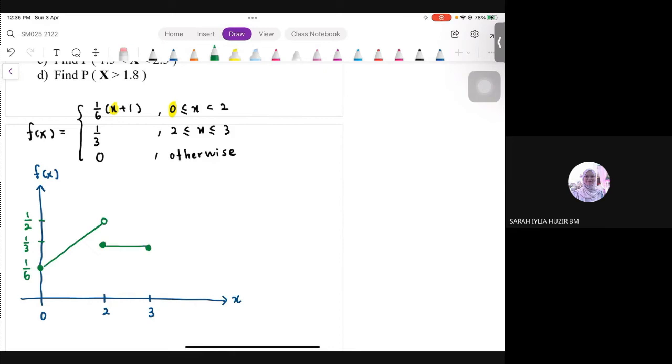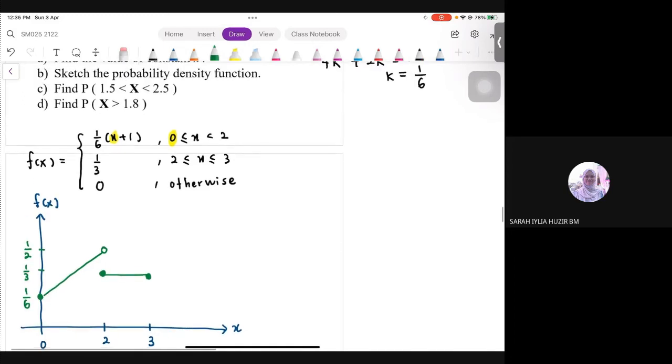And it's a constant, so just connect between those 2 points. And that is the basically graph for probability density function. You just have to directly substitute each value of x into the function and then connect between the 2 points based on the function. Okay, settle.